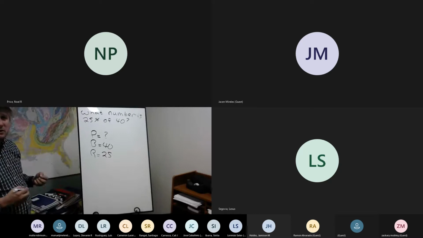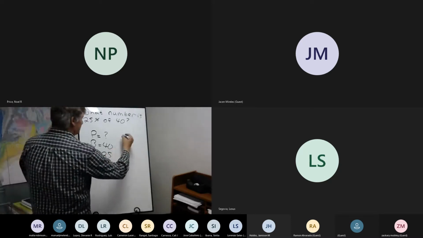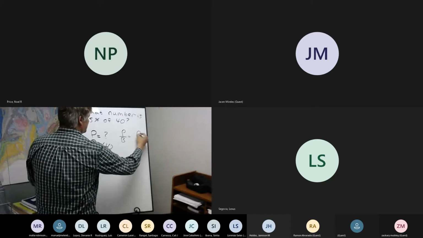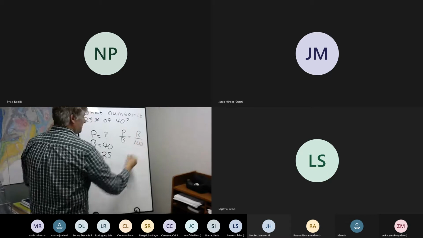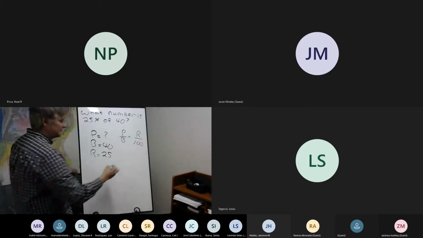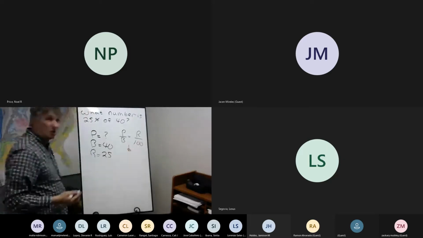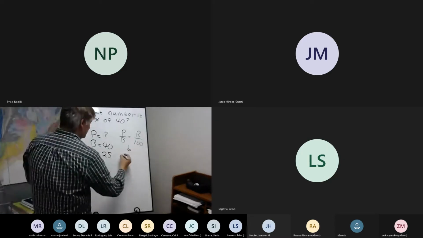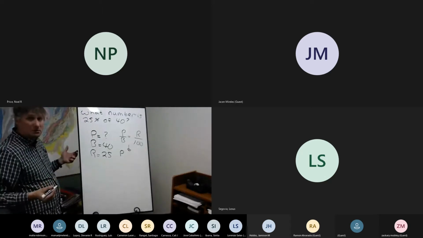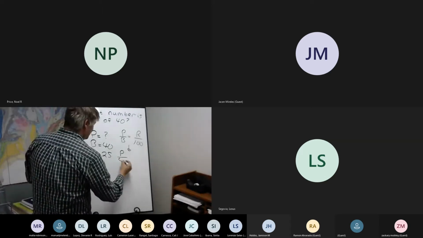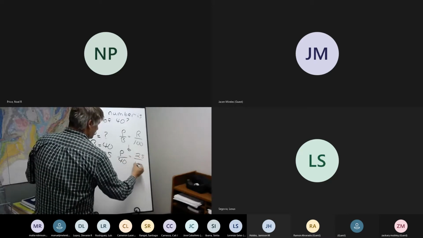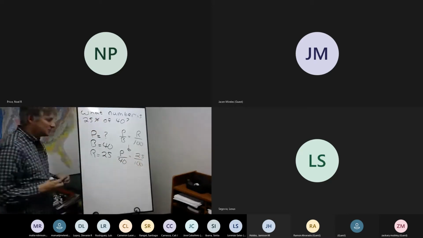So what we can do is we can use this equation. Part over base equals the percent over 100. And the formula always starts out like this. The 100 is always there. So we don't know part, so it stays P. It's unknown. Base is 40. There's the percent. And 100.